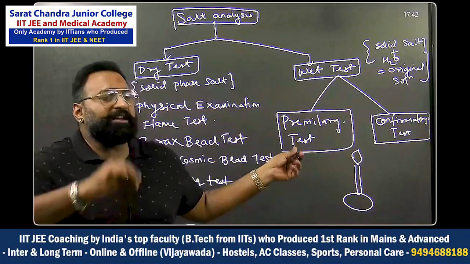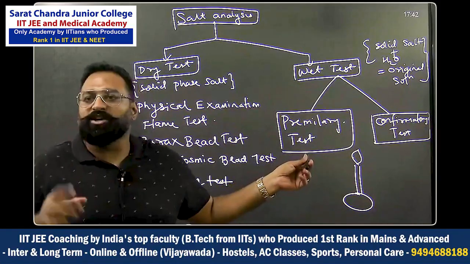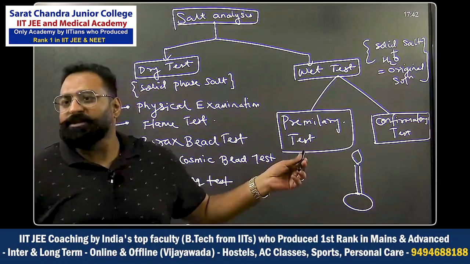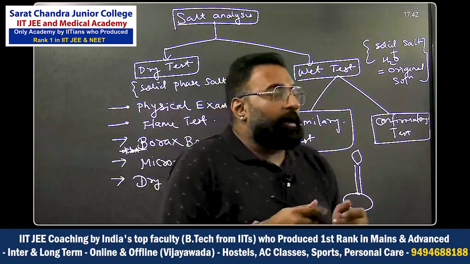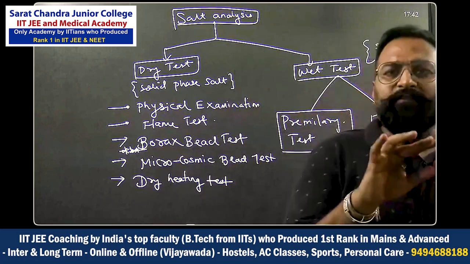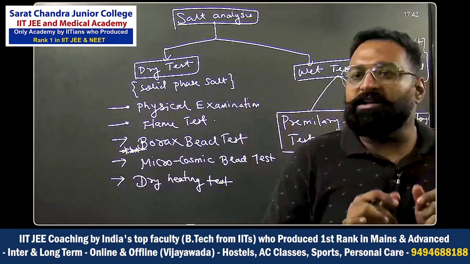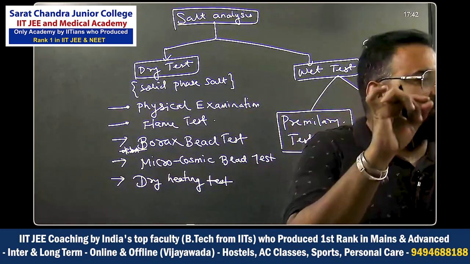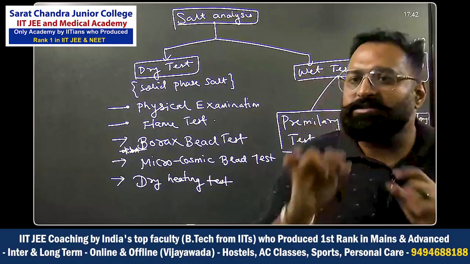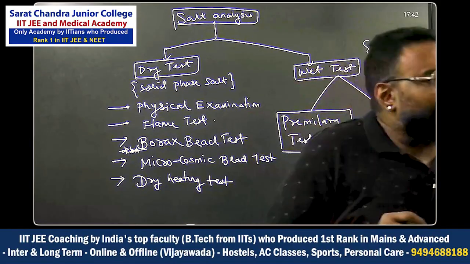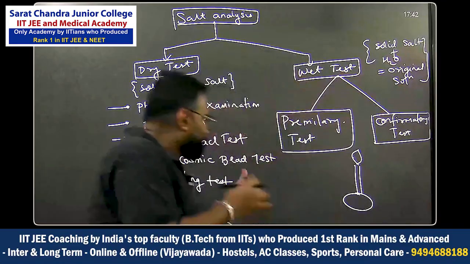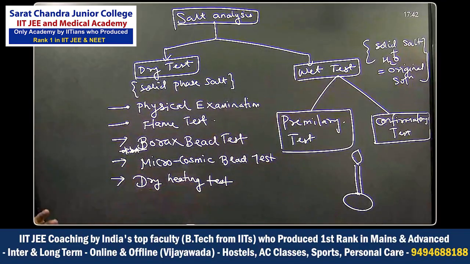This will directly generate some sound, chit, chit, chit, some bubbly sound. Suppose you have an Amazon parcel, and in that parcel a wrapper comes with bubbles, and when you burst the bubbles, some sound comes. So that sound is basically observed in dry heat test.